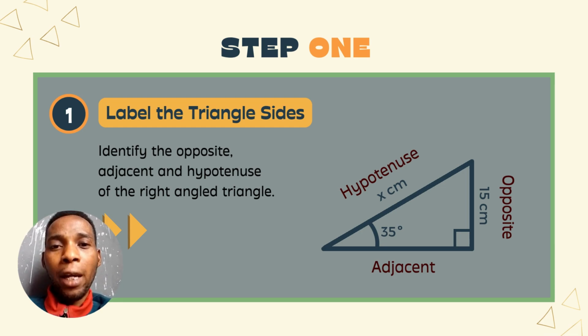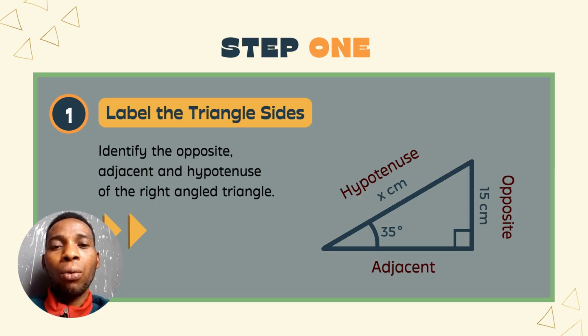Now, how do we identify the hypotenuse, the opposite, and adjacent from the right angle triangle? When you look at a right angle triangle very well, the longest side is always the hypotenuse. Anywhere the angle is facing is your opposite.